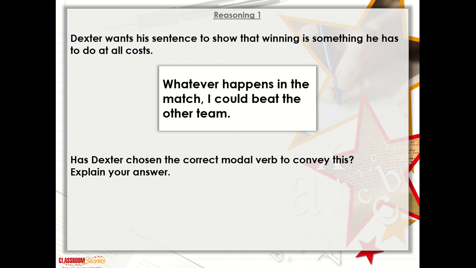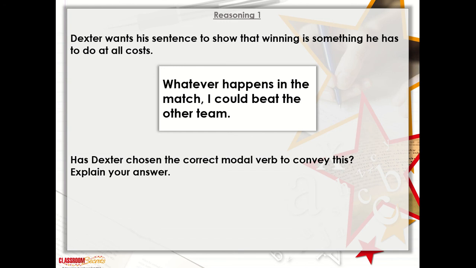I've already explained to you that would, should, could are modal verbs. He could beat them. Does that sound like he definitely is going to, whatever happens? No, it doesn't. It's saying he could do, he might do. So that's the wrong modal verb.